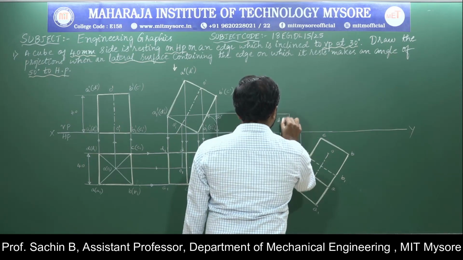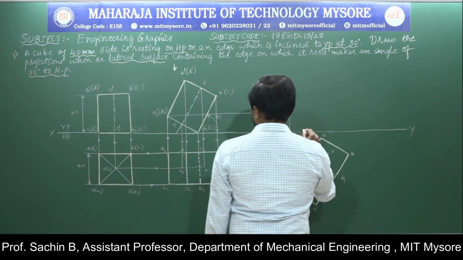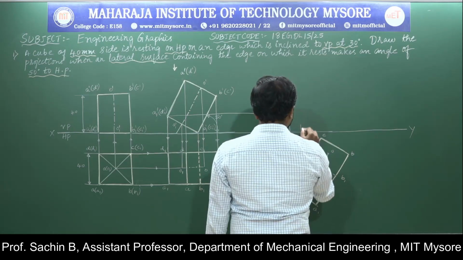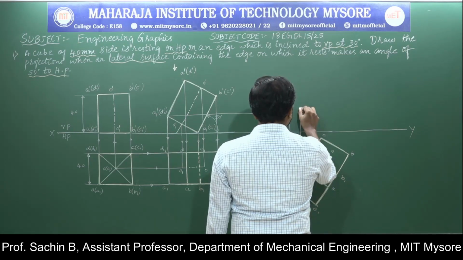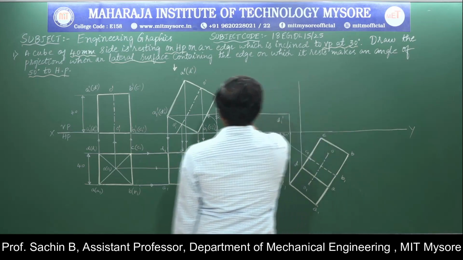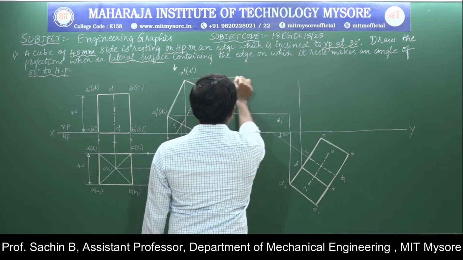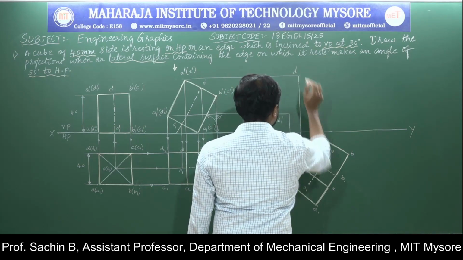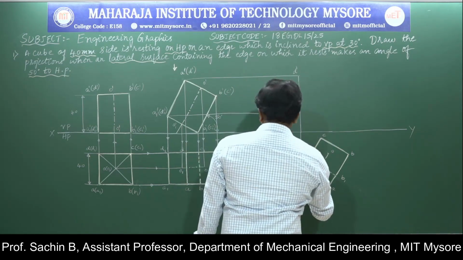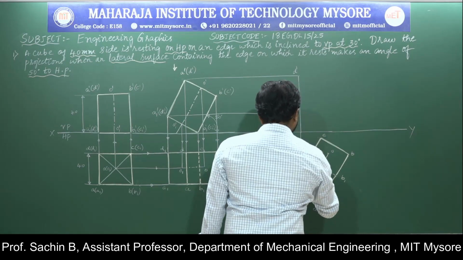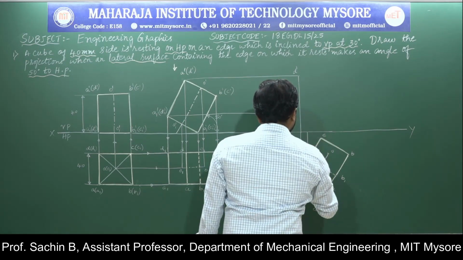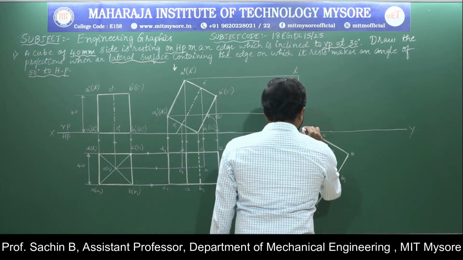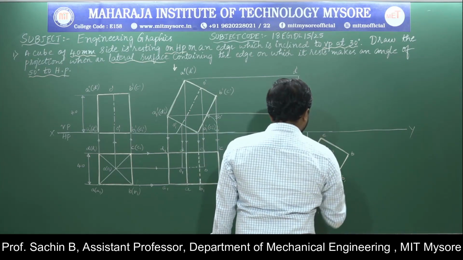This is D1 dash. Next from D point I am extending this line to the top face with thin lines. This is my D point. Again I will come to C1 point. C1 point is the resting one of the corner. It will be available here. This is C1 dash point.